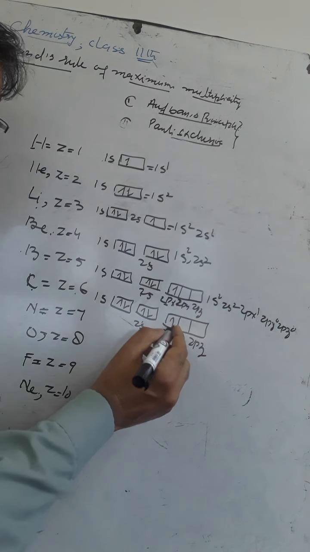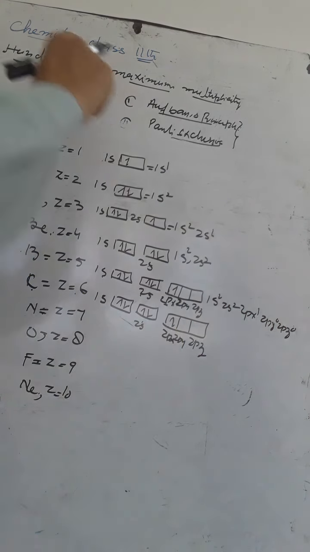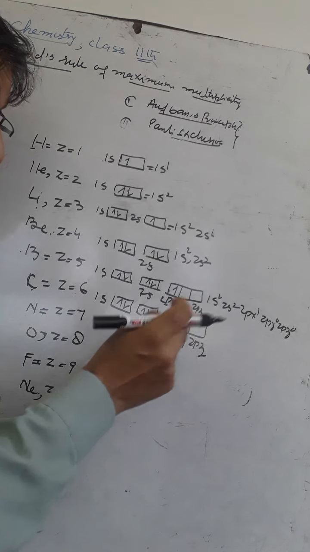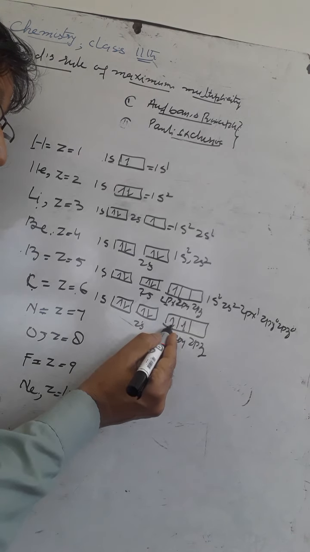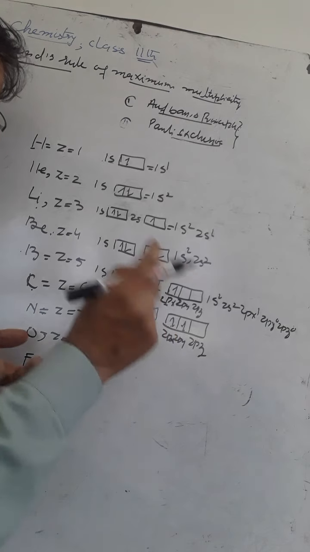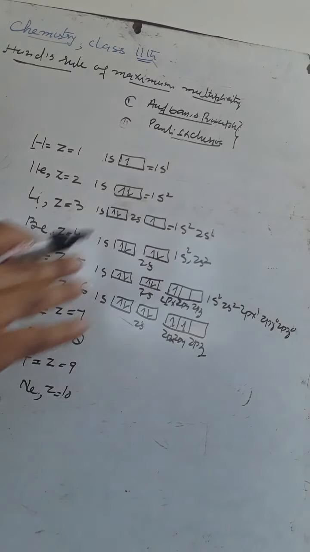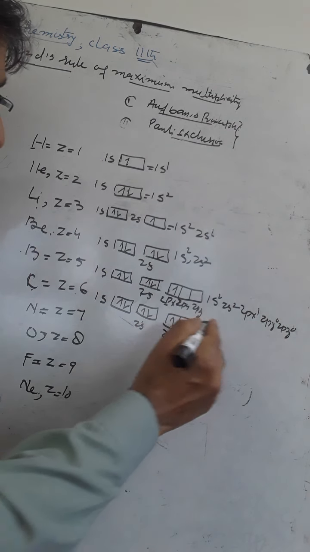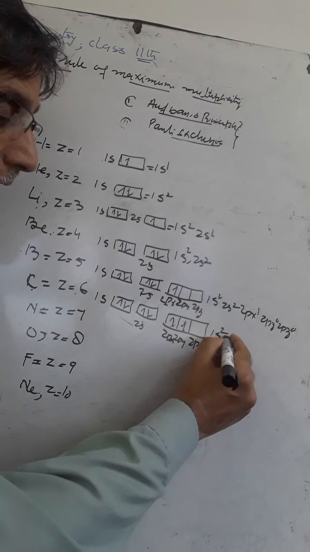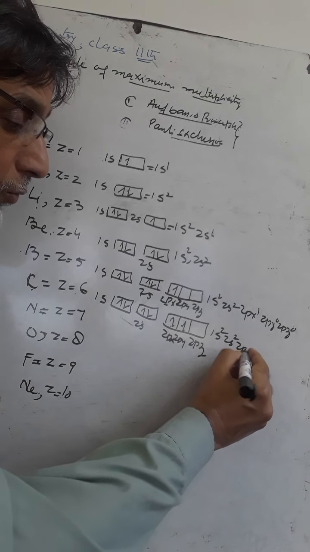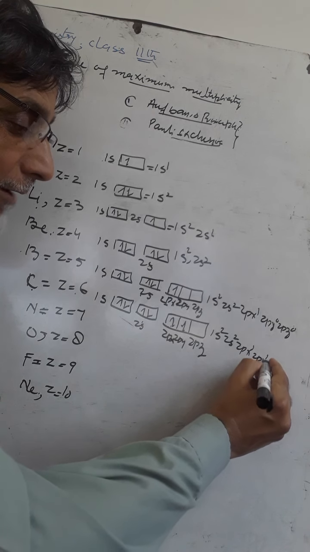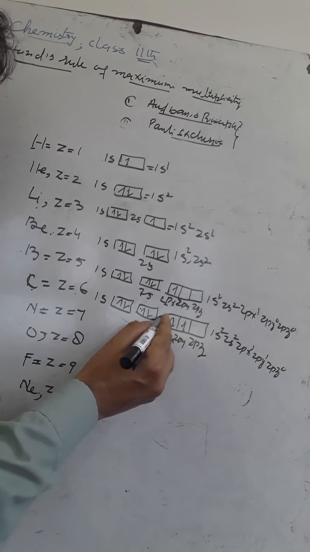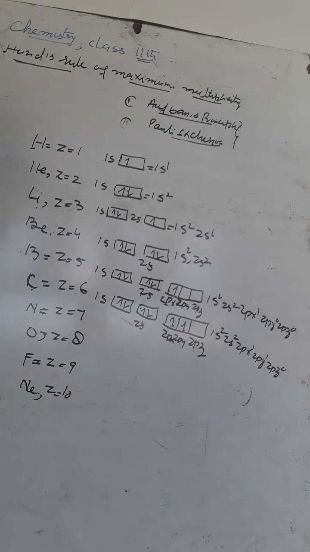So I can't fill it in the same orbital. As far as Hund's rule is concerned, I have to fill it in 2py, that is, no electron pairing. We do not put two electrons in one orbital until every orbital of the same subshell can get one electron. So it is 2px1 2py1. I can write 1s2 2s2, then 2px1 2py1 and 2pz0, right?